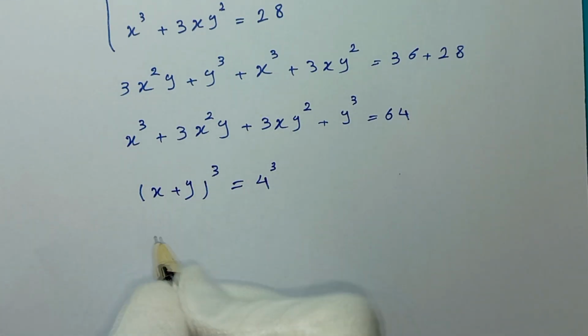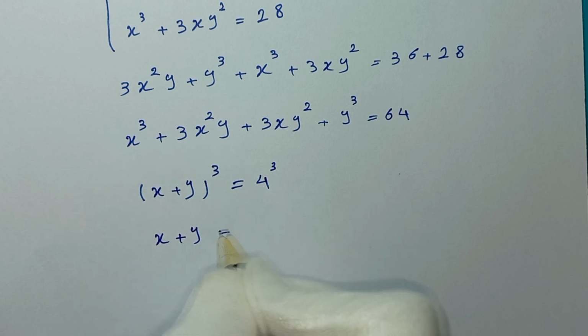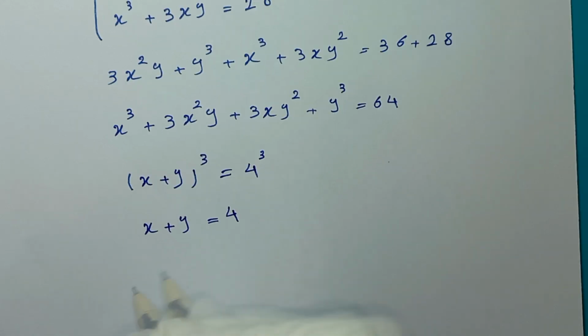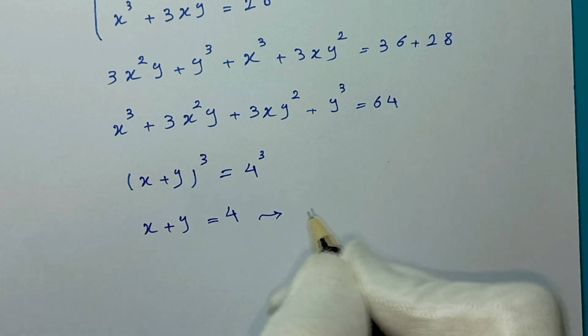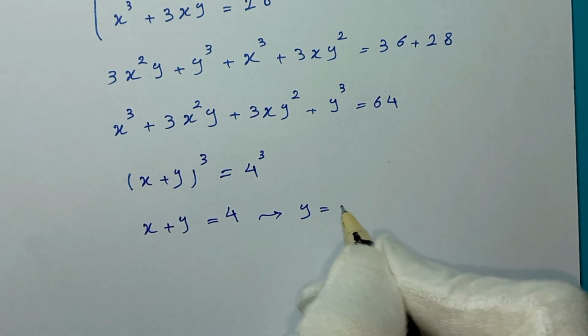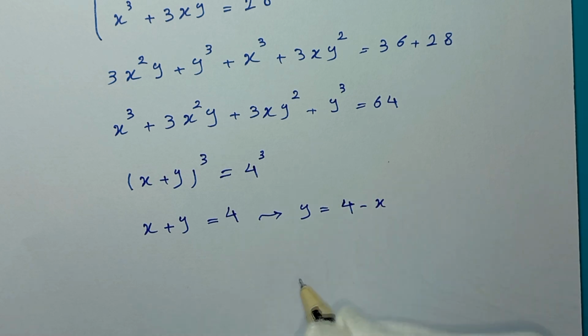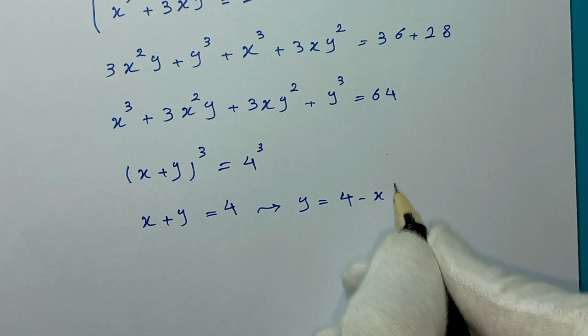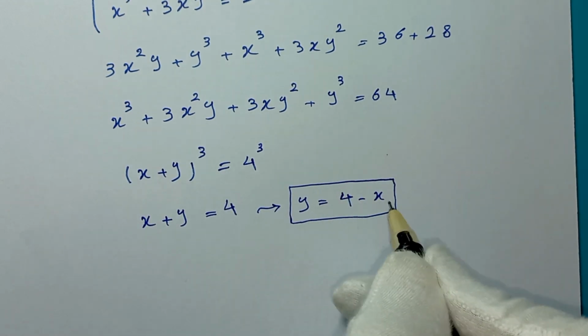And from here, x plus y is 4. We can take x to the right side, so y is equal to 4 minus x. So we find this equation, y is equal to 4 minus x.